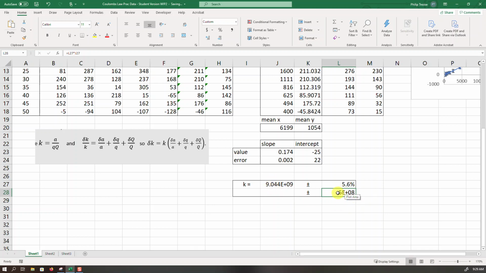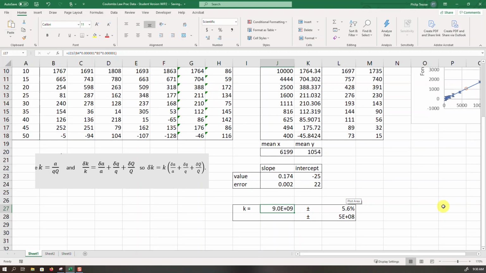If you like, that's 0.5 times 10 to the power 9. That tells me I should round this to 9.0, where the uncertainty is in the same place value as the rounded digit. So that's my answer, plus or minus 5 times 10 to the power 8, which is a relative error of 5.6%. And that's the last thing we needed to do.